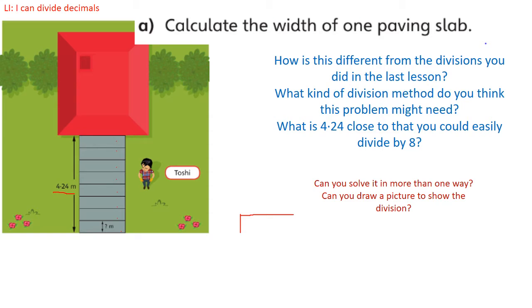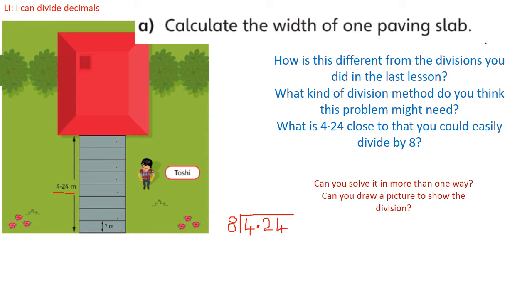We're going to be dividing by the number of paving slabs. How many paving slabs have we got? We've got 8. So what's our dividend going to be? What's the number we are going to divide? Well, our dividend is the length of the path. So we know that is 4.24.